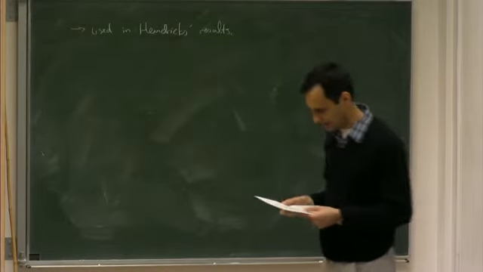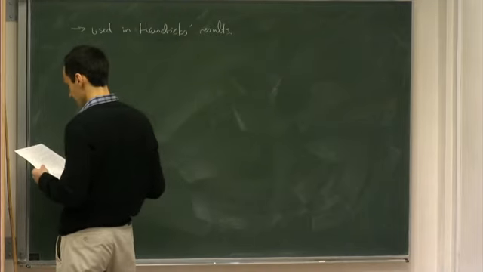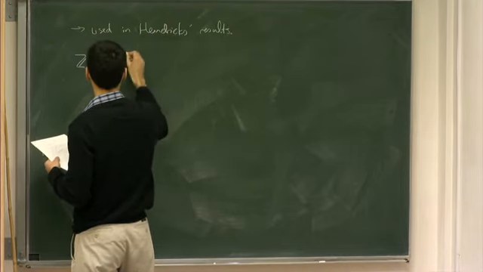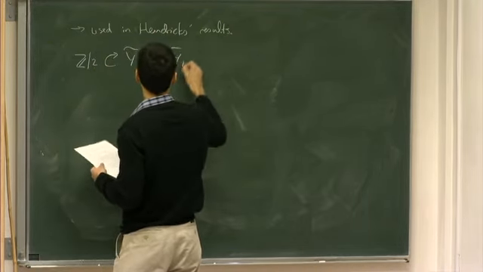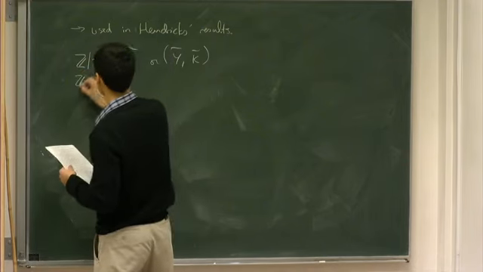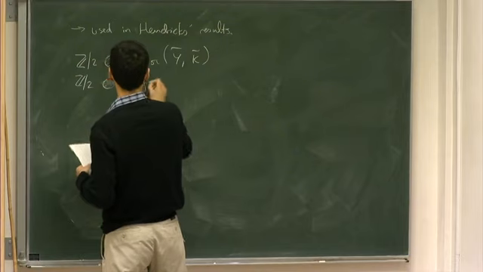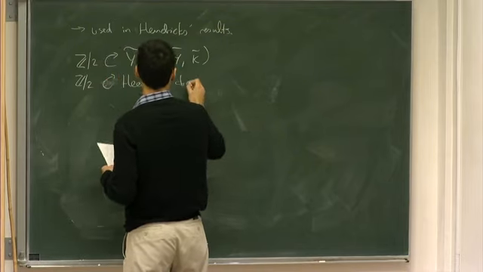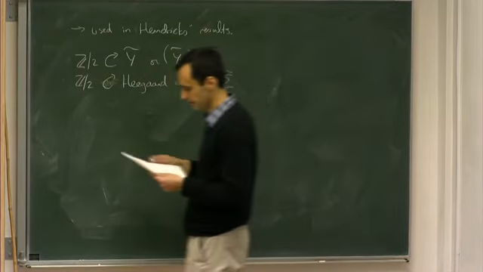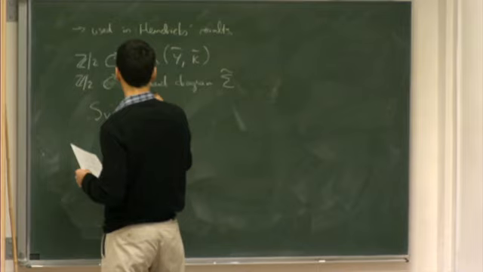So basically, when you have a Z mod 2 action on some y tilde or y tilde k tilde with a knot, then you get a Z mod 2 action on the Heegaard diagram, say sigma tilde, and Heegaard Floer homology is based on some symmetric product.